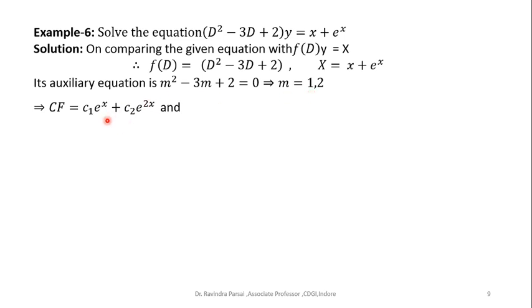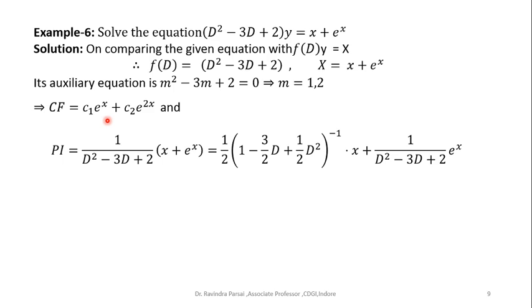You write down the CF on that basis, and then you concentrate on the particular integral here. So 1 upon D square minus 3D plus 2 of x e raised to x. So it is 1 by 2, taking the lowest degree term common, that is 2, and then expressing in this pattern raised to minus 1, the whole factor shifted to the numerator, multiplied by x, and keeping this as it is here.